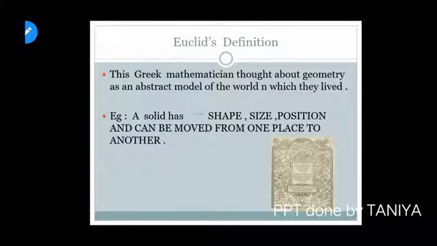This Greek mathematician thought about geometry as an abstract model of the world in which they lived. Like a solid has shape, size, position, and can be moved from one place to another.